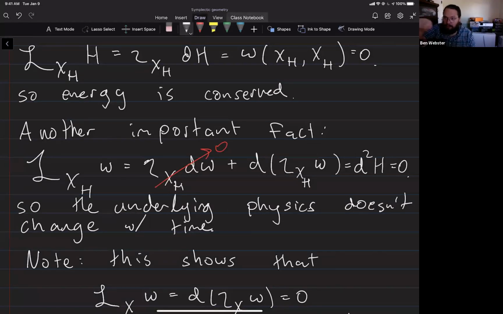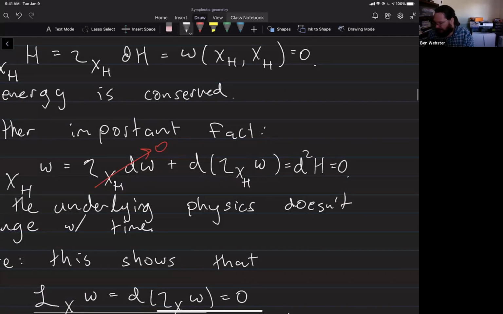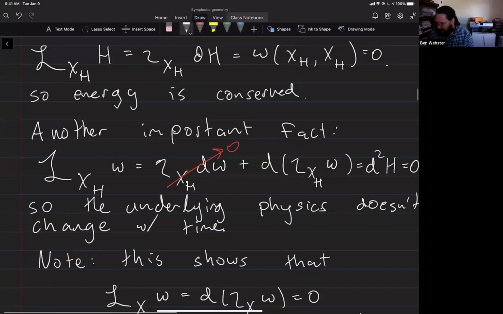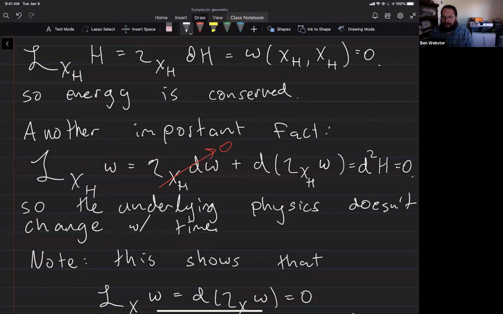It'll move it around and change it, which is not very physical. And then the other term comes from the fact that d squared is 0, so the one form I'm putting in, dh, is closed itself. And I interpret this as saying that the underlying physics doesn't change with respect to time.